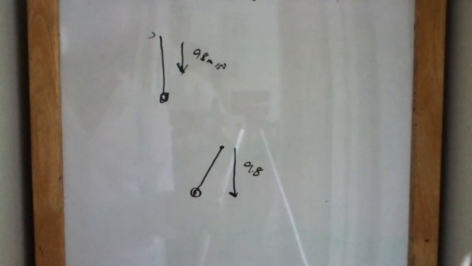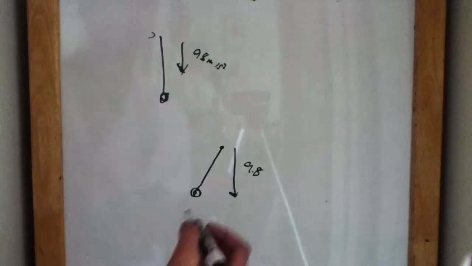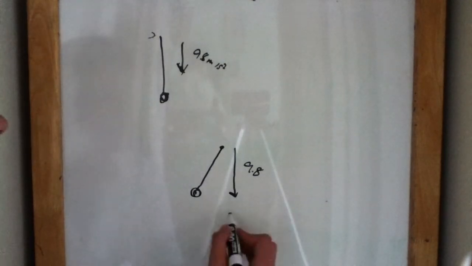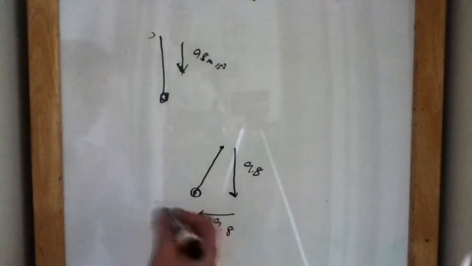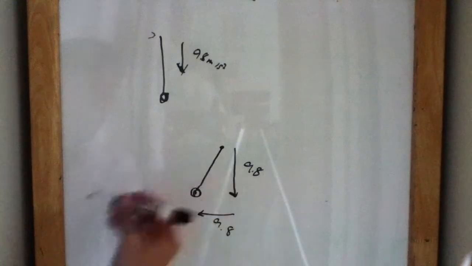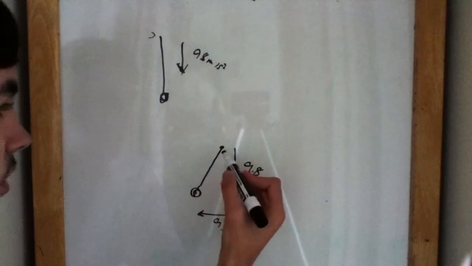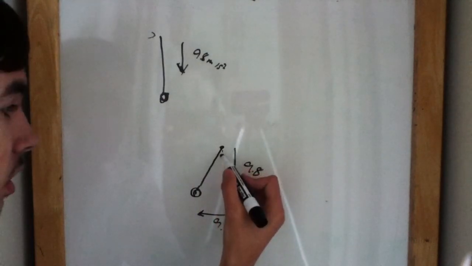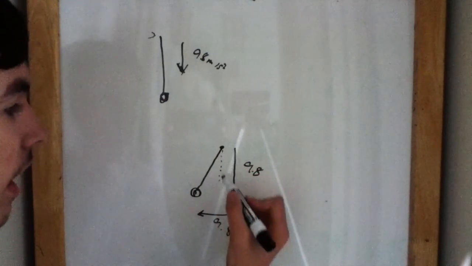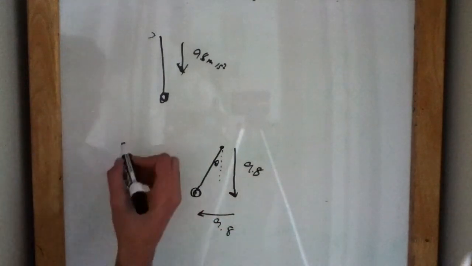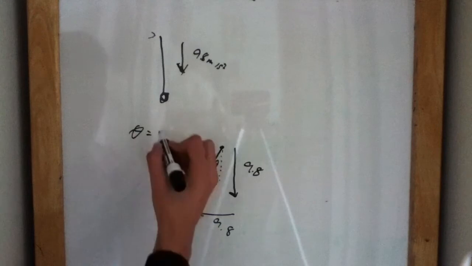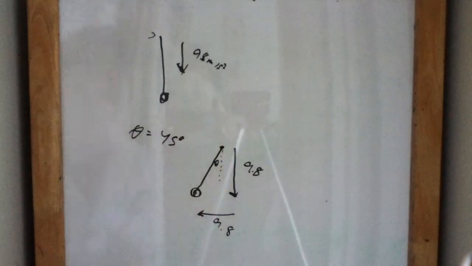But say it were going also at 9.8 meters per second squared that way, then you could measure the angle from the vertical, and this angle in here, theta, would equal 45 degrees.